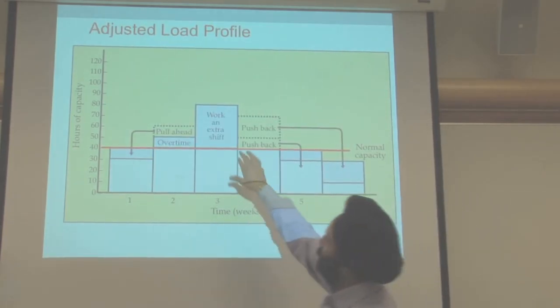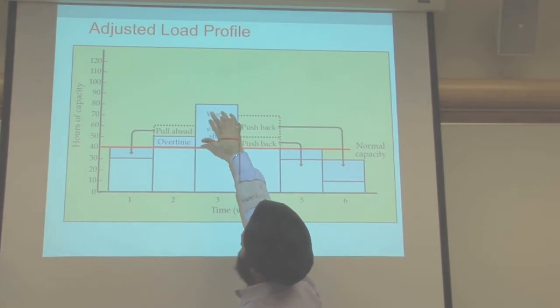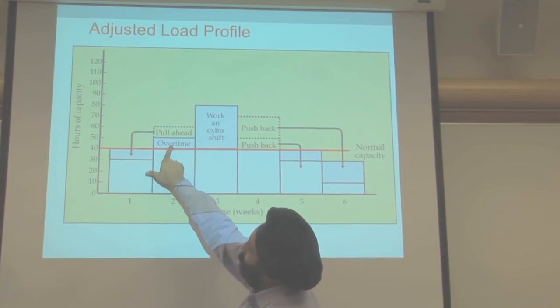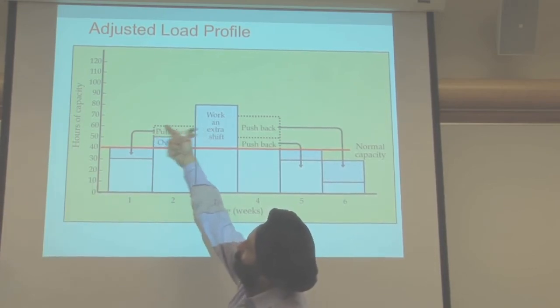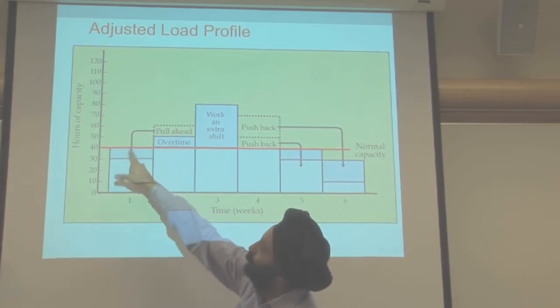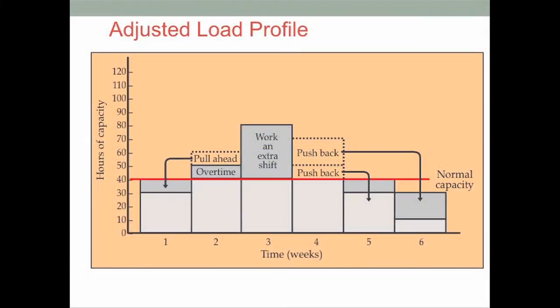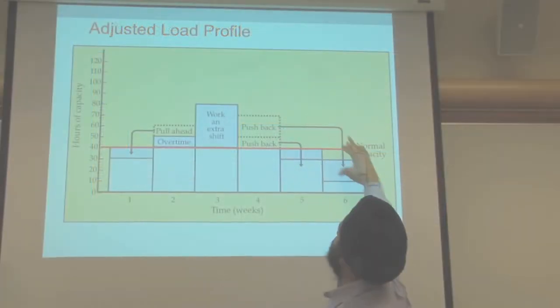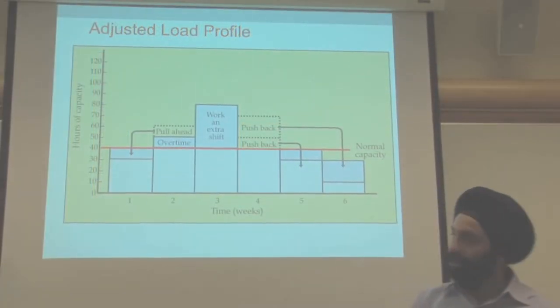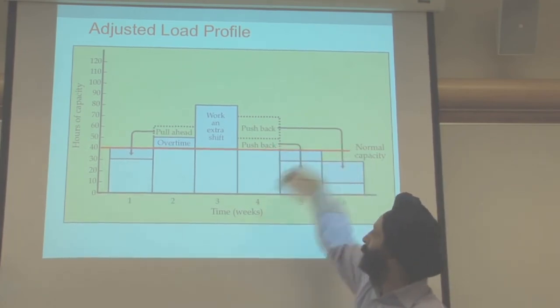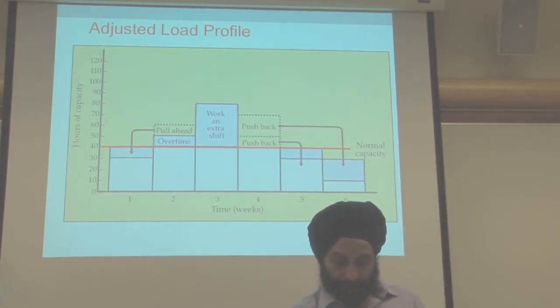The third day of the week, you can work an extra shift, put overtime over here, and remove this much chunk, make it in advance, and then this much chunk can be pushed later, and the remaining chunk can be done over here. So that gives an example of how we can stay within the normal capacity cases.